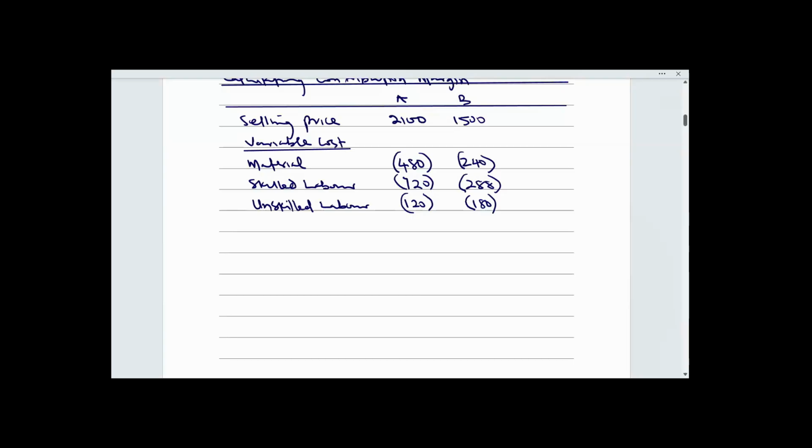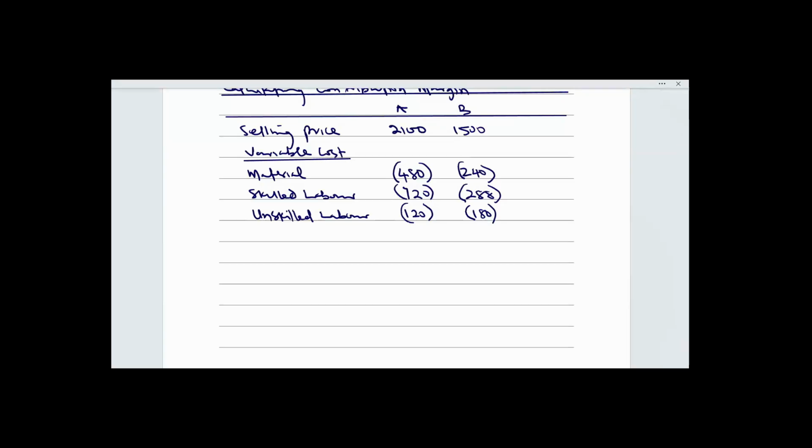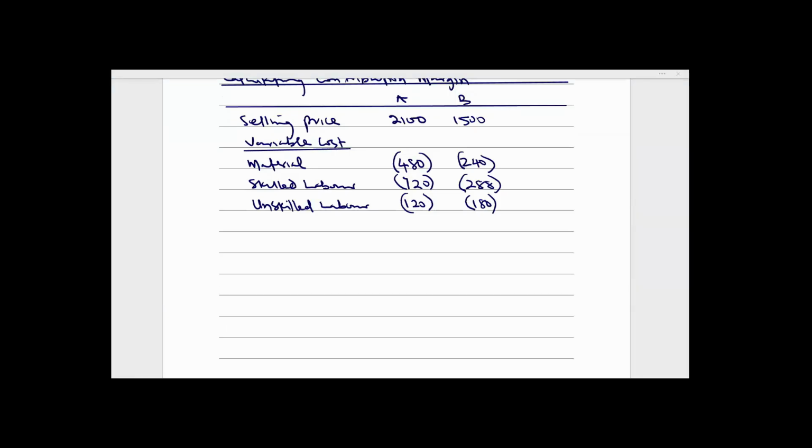Then, after labor, in the question, we're also given variable costs. Variable overhead to be 168 and then 336.